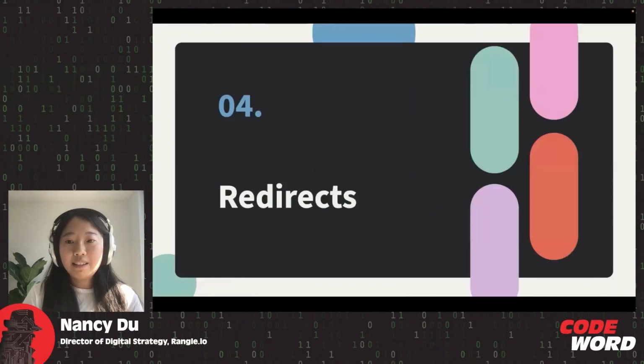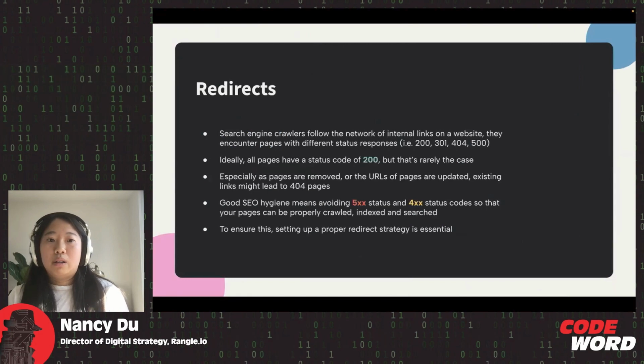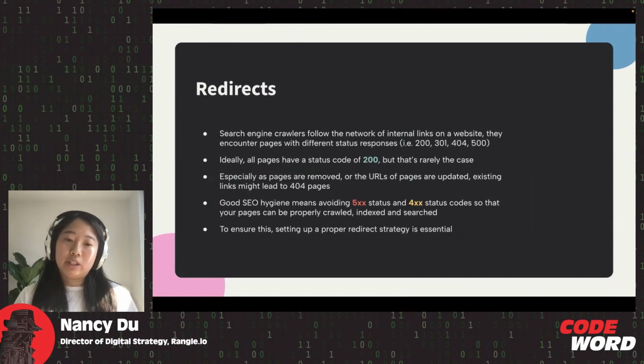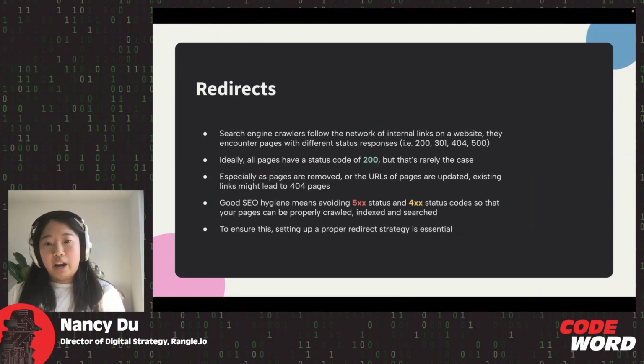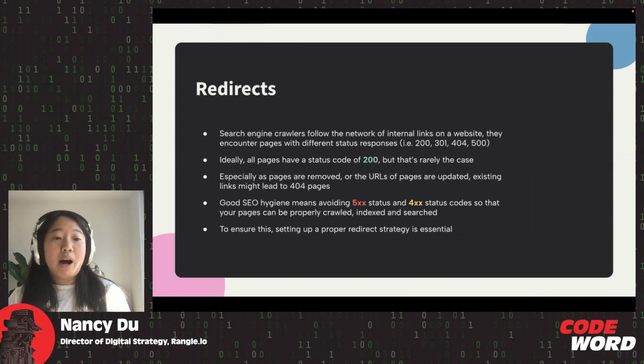All right. The last thing that we're going to talk about is the redirects. Typically when the search engine crawls and follows through the different internal links on your website, they're either going to encounter pages with a 200 or other errors that you probably have seen before, like 404 or 500. Ideally, all of your pages have 200 status codes, but that's rarely the case, especially as pages are getting removed or updated or the URLs are changing.